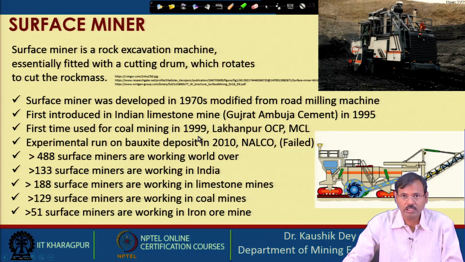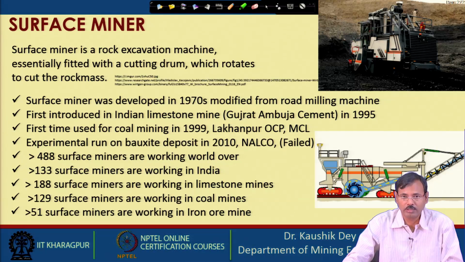So, that was basically an experimentation or field trial, and later on the machine was found very acceptable, and that is why it was widely accepted in surface mining technology, especially the limestone and coal deposits, which are basically bedded deposits.